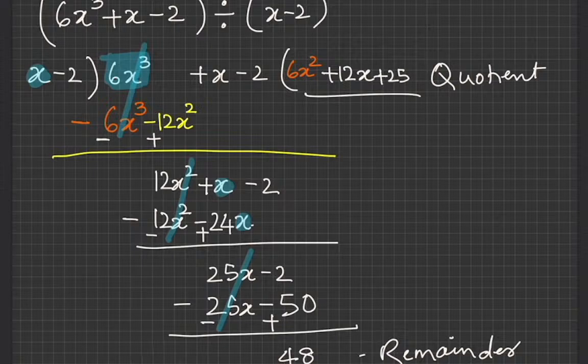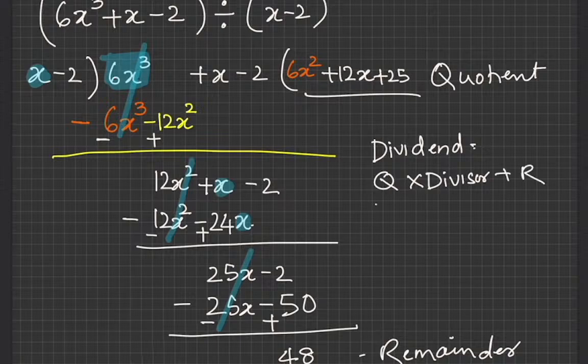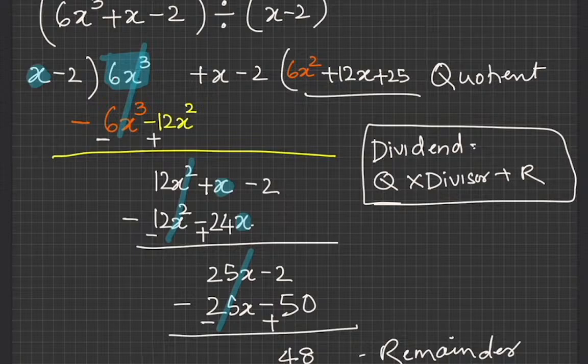We can verify this answer through the verification process. So remember, dividend is nothing but quotient times divisor plus remainder. We should get the same dividend when we multiply it.